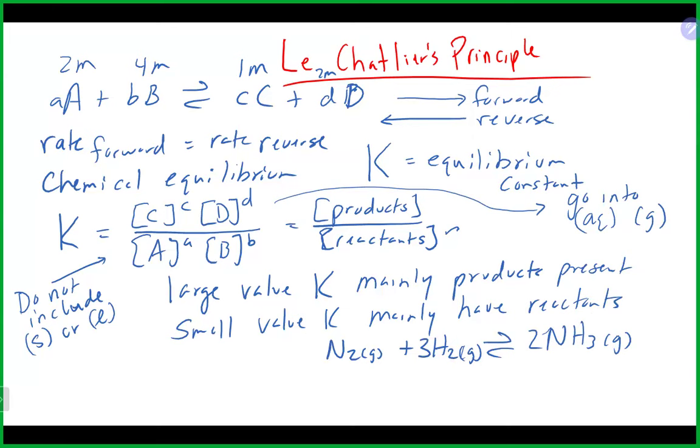We could write the equilibrium expression for this, and it would be the Kc equals the concentration of NH3 at equilibrium, and we do need to square it because of the coefficient, divided by the concentration of N2, coefficient is 1, which means we don't really need to put the 1, times the concentration of H2, which does need to be cubed because of the coefficient. And that would be the equilibrium expression.